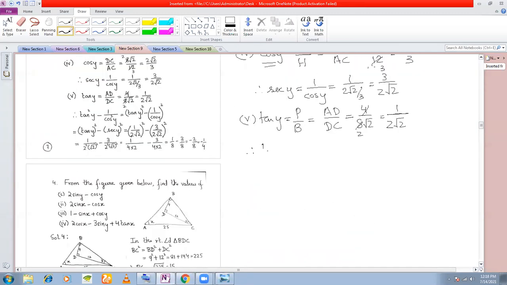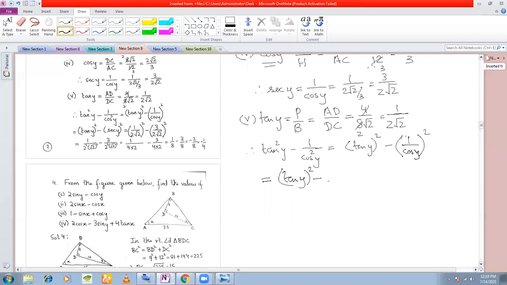So therefore, tan square y minus 1 by cos square y. Simply put the values here. Tan y we have got above. Let's write that first in this manner: tan y minus 1 by cos y whole square. Or you can write it this way also: tan y whole square minus 1 by cos y whole square.